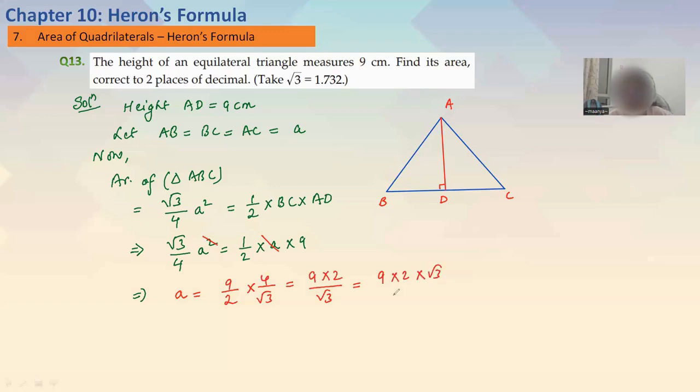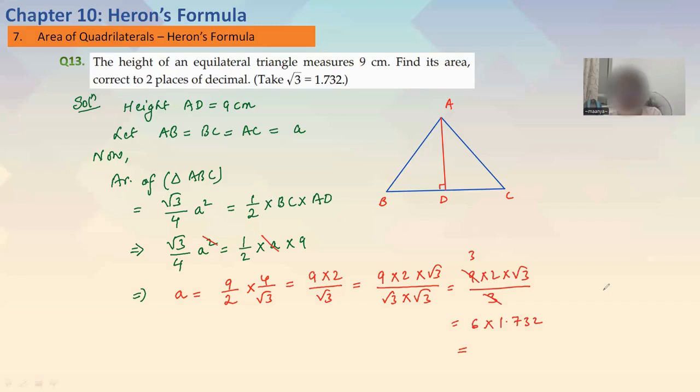Root 3 divided by root 3. So this is going to be 9 into 2 into root 3 divided by 3. 3 threes. So 6 into 1.732. Right? If they've given us that take root 3 equals 1.732, why would they give us the two, if they have only asked us to find two places of decimal?